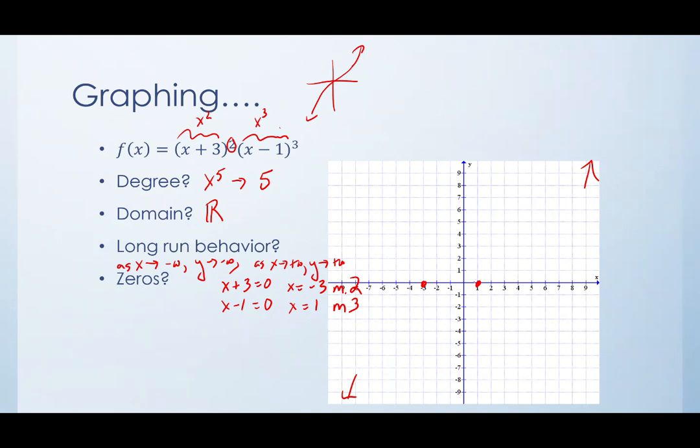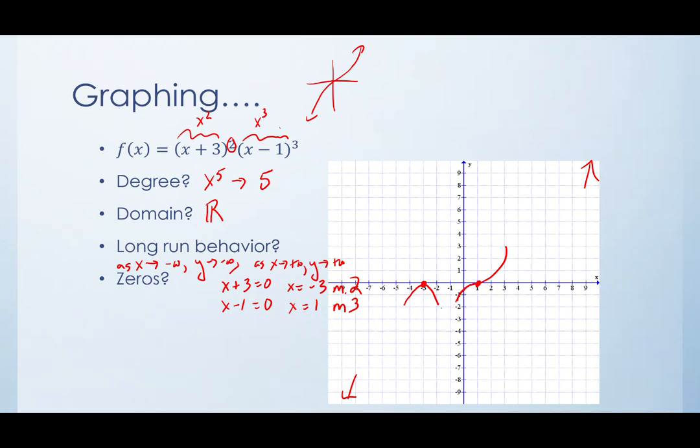And we know multiplicity 2 is going to basically bounce off the x-axis, right? It's tangent, which means it touches but doesn't cross. And a multiplicity of 3 is going to cross, but we're going to have that concavity change there, like this. All right?